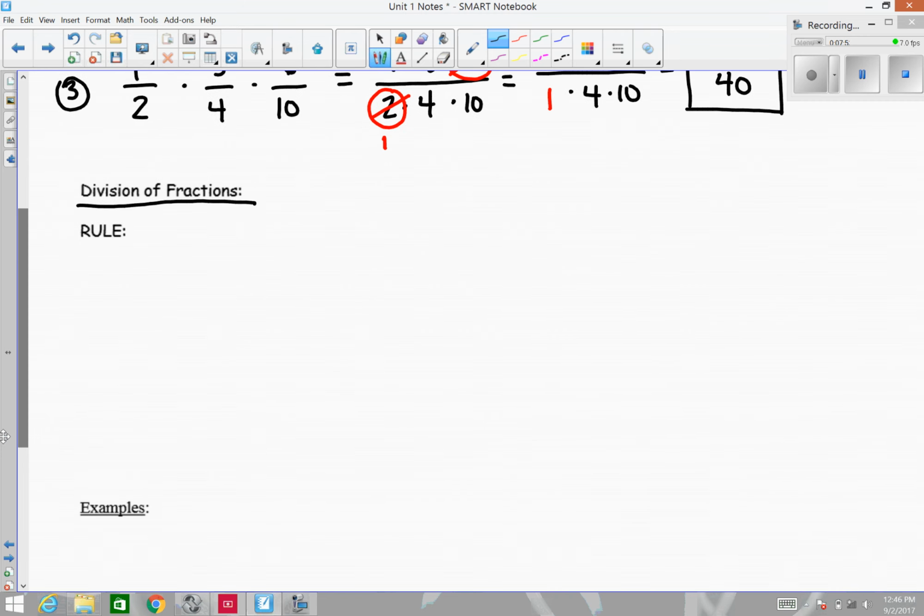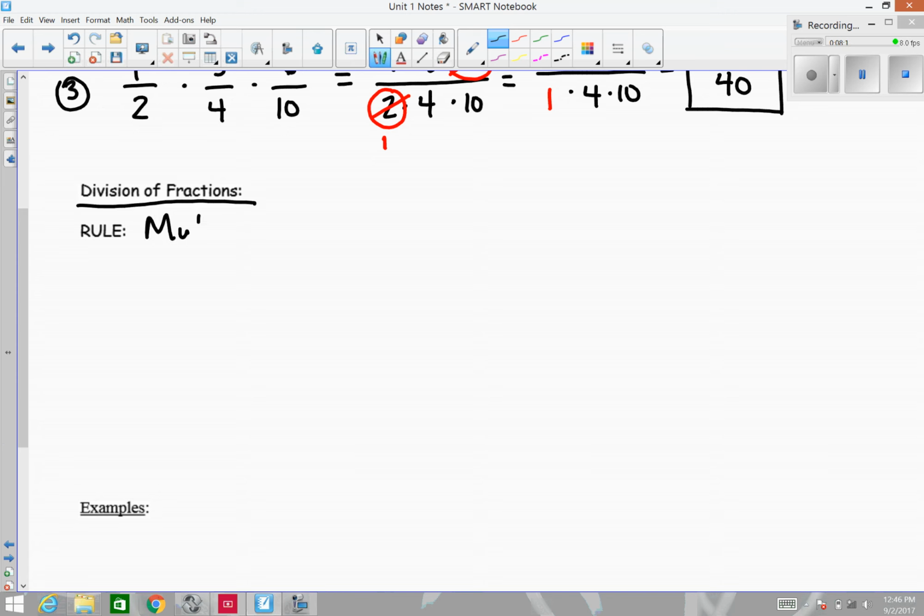Some of you might remember the rules for this one. It's very similar. All we need to do is take our fraction and our divisor, and we do something called multiply by a reciprocal. So I'm going to write that down for now up here.